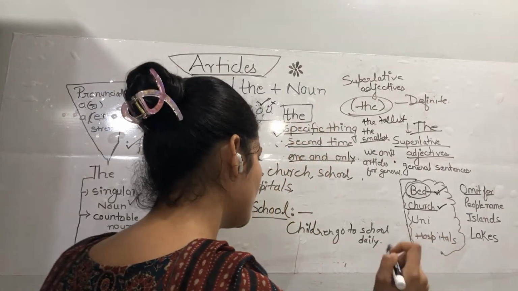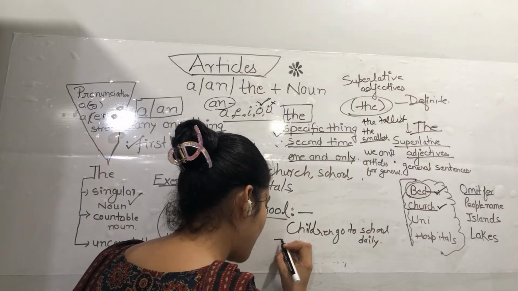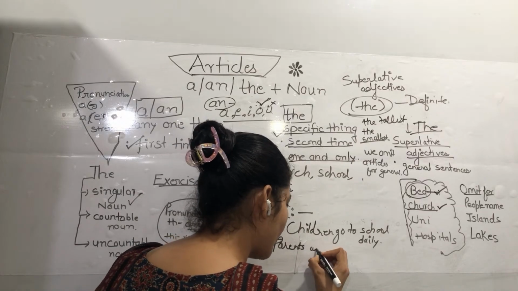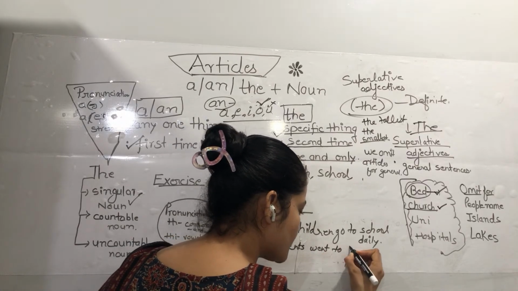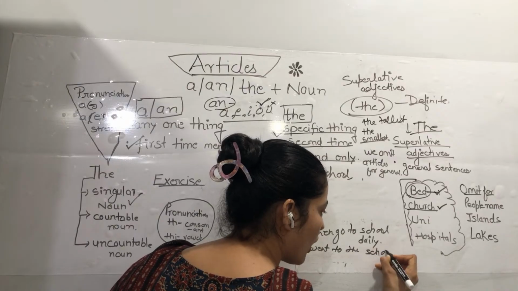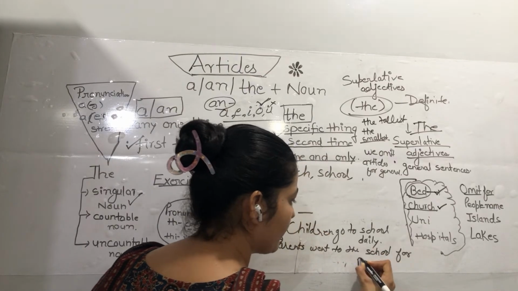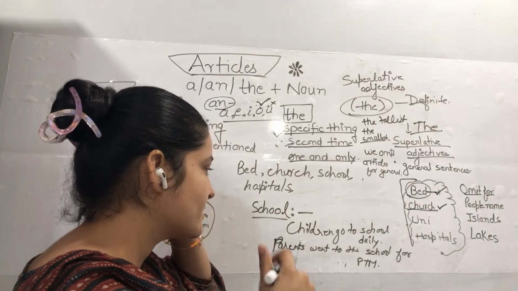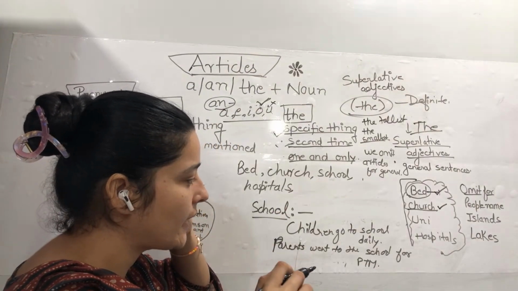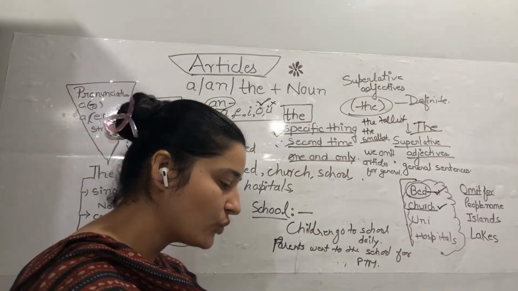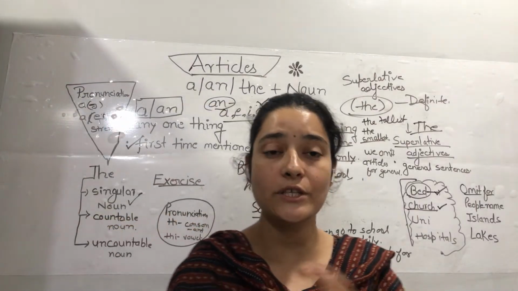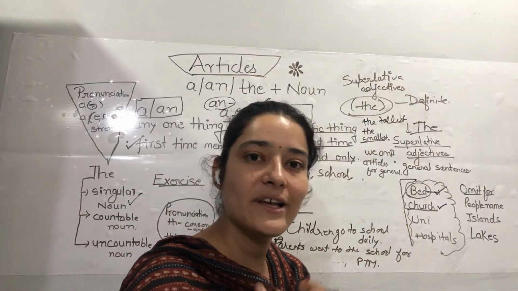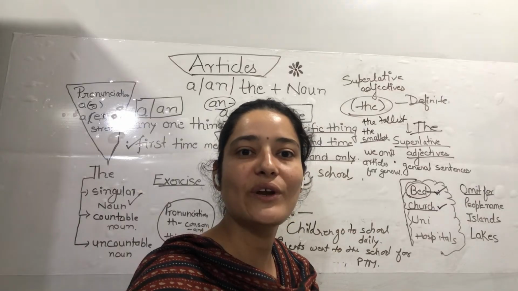But if I say, parents went to the school for PTM, parent teacher meeting. See the difference? Who can use "the" and who has to omit the article. It depends upon the awareness also when to use the article.